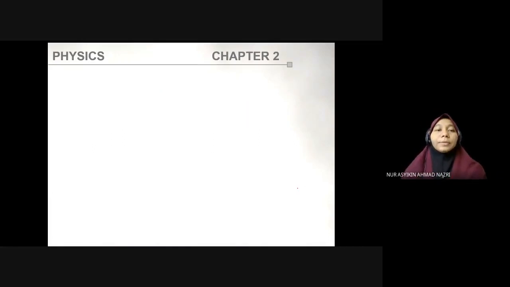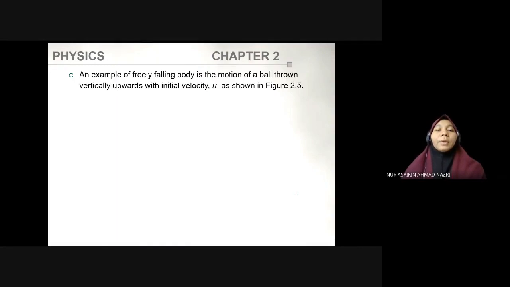Now, let's say we have an example. We throw a ball vertically upwards. When we say vertically upwards, we are not making any angle. Then that case is a free falling body case. Later we will also do projectile motion after we complete free fall, where we throw at a certain angle.